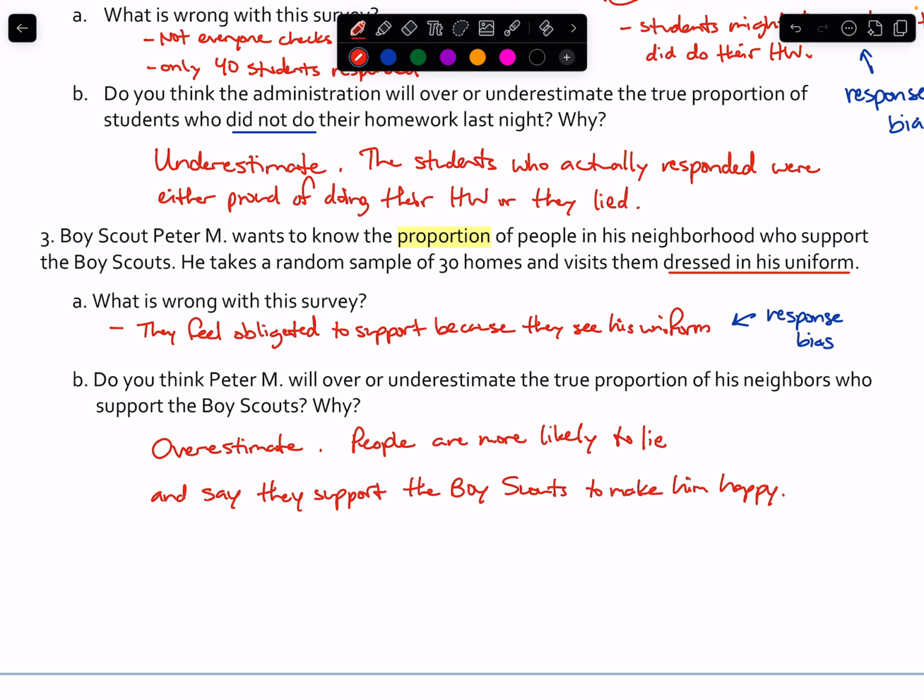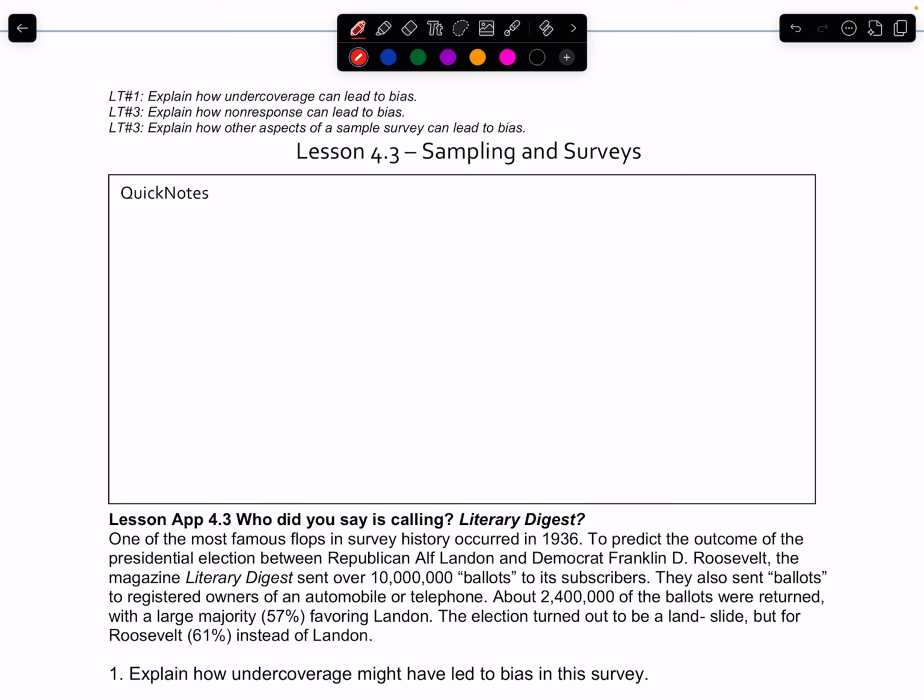So in surveys and when we do sampling, right, there were several different things that could introduce this bias, this over or underestimating of the true percentage. And so to kind of recap all of those here in our quick notes, the first one is undercoverage, which is when some people can't be chosen.